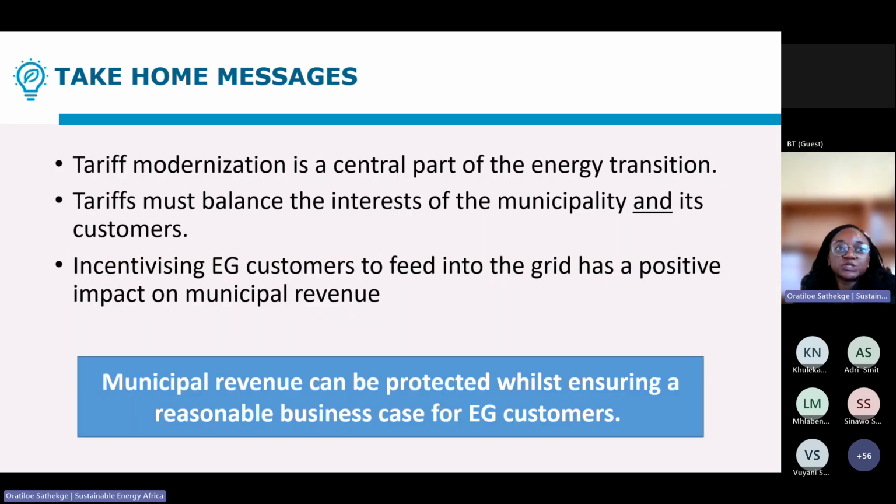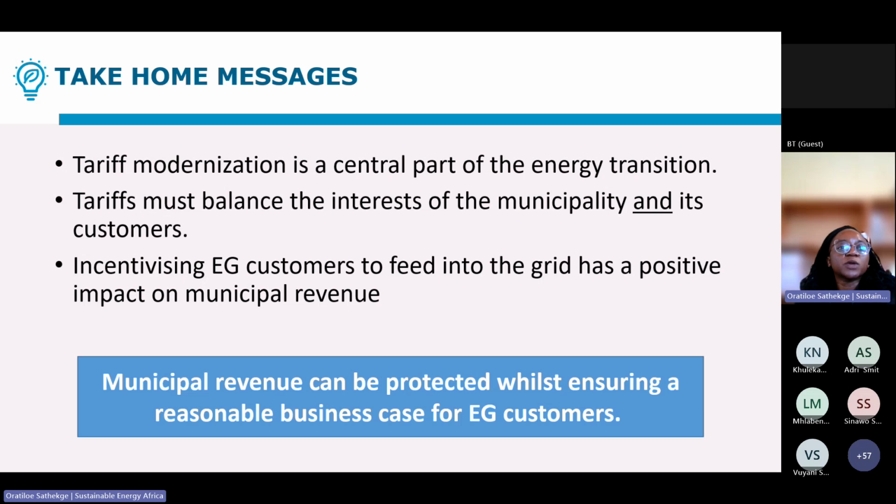So to wrap up, our final take-home messages would be: SSEG is here to stay, and its impact on revenues cannot be ignored. So tariff modernization is indeed a central part of the energy transition. Tariffs must balance both the interests of the municipality and its customers, and a win-win situation is possible through designing the correct tariff.